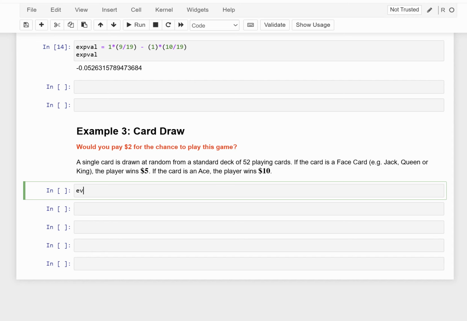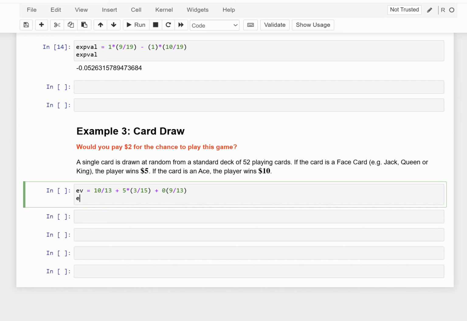So here we can do EV equals 10 times 1/13 plus 5 times 3/15, sorry, plus 0 times anything. It doesn't really matter here, right, but it was 9/13, that's what we said.